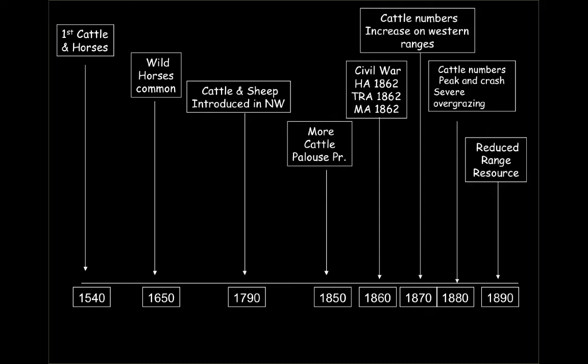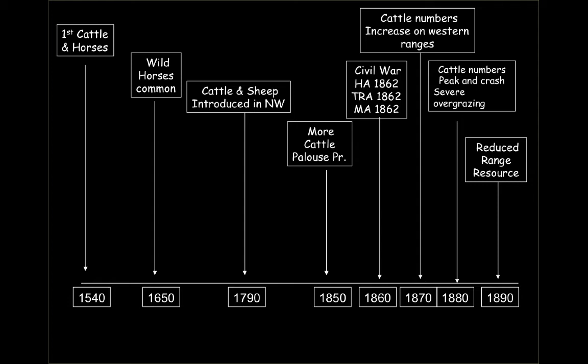And then in 1886 and 87, we actually saw a massive drought happen. Not quite as bad as what we had been through in 2014 and 2015, but bad enough. So, high stock numbers coupled with drought really degraded rangeland.